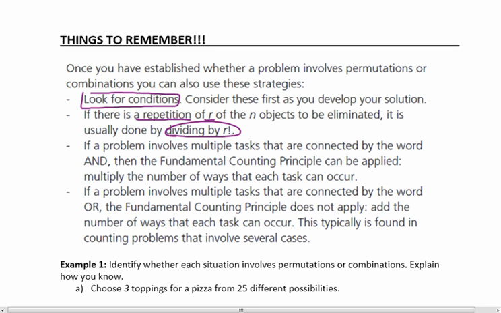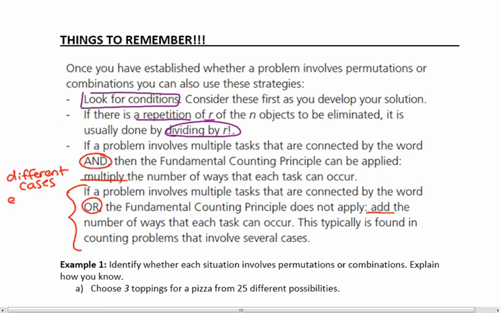Remember, "and" is when we can apply the fundamental counting principle; we multiply. Whereas if we see "or", we cannot use the fundamental counting principle; we have to add. An "or" situation is often when there are different cases, and we looked at some examples yesterday.